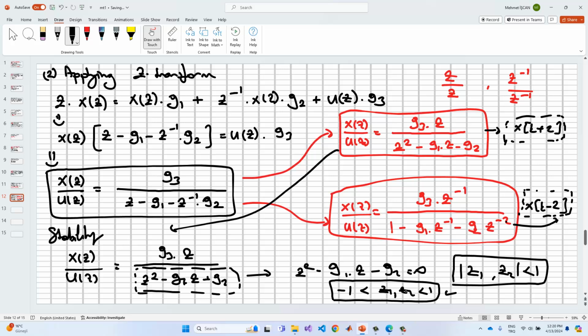Okay, we can say that this system is stable if this condition is satisfied.